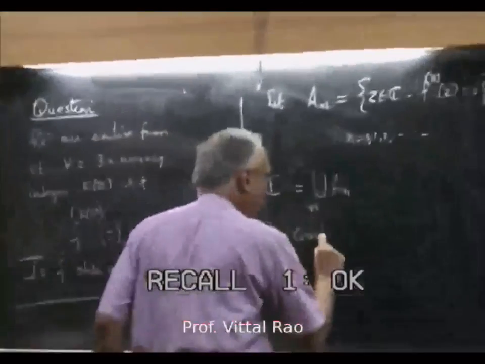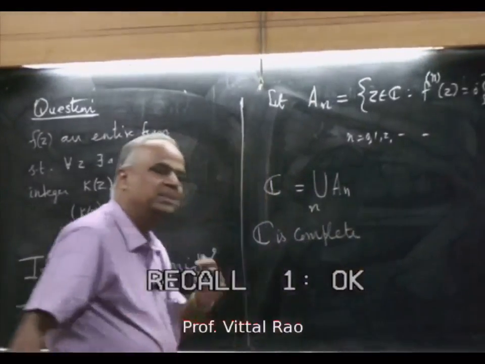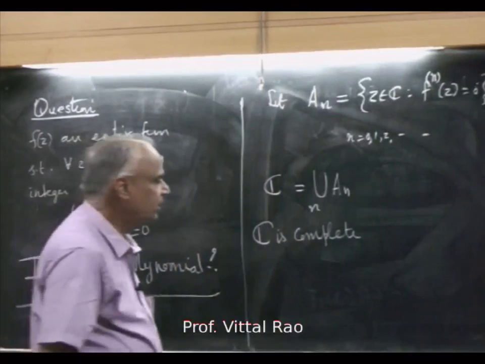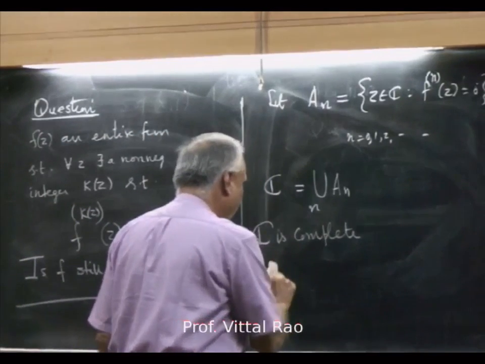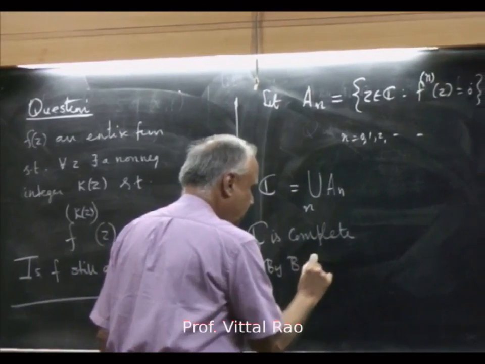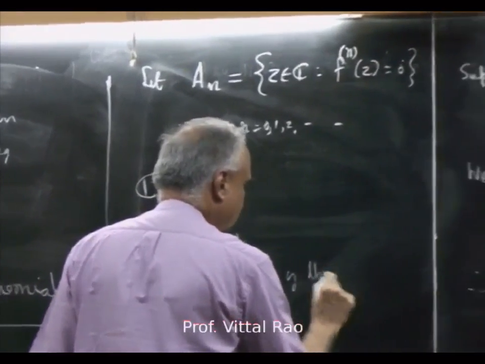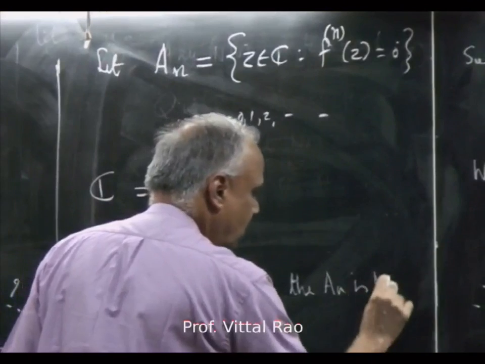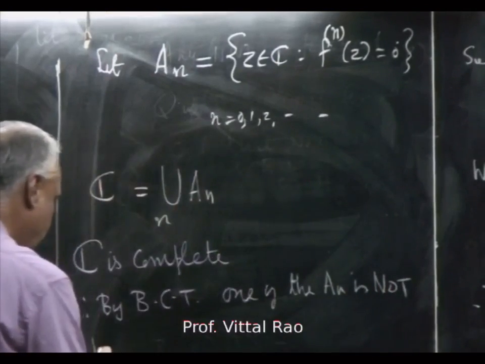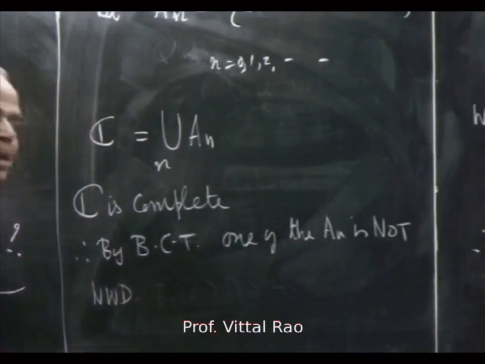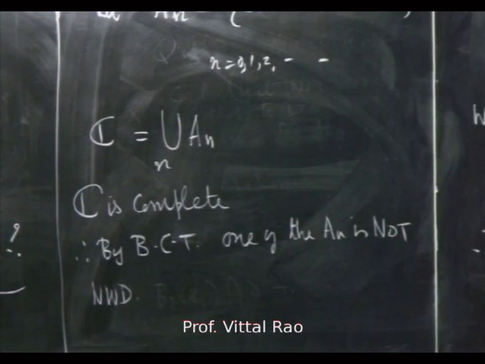See how they use the power now. The completeness power is used first, and therefore by Baire's category theorem, one of the An is not nowhere dense. There the Baire's part is over.